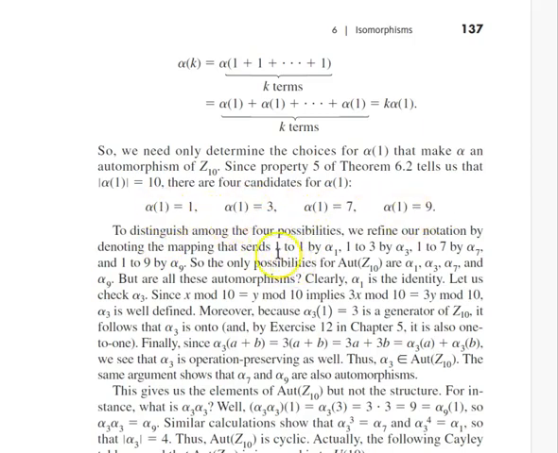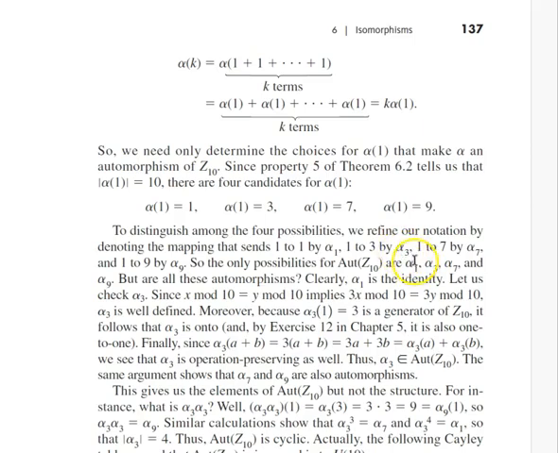So if alpha of 1 is 1, we denote that map by alpha 1. This is the identity map, and it is an automorphism of Z10. If alpha of 1 is 3, we denote this map by alpha 3. It is a map for now.